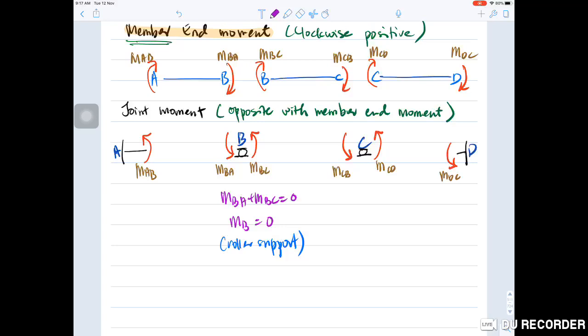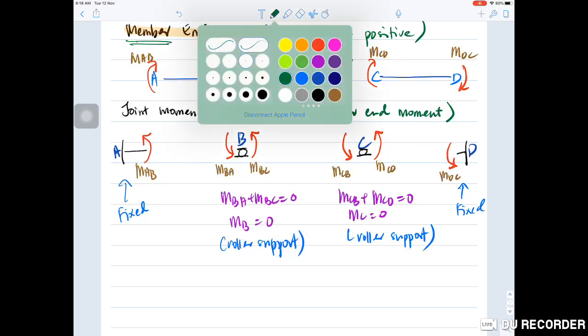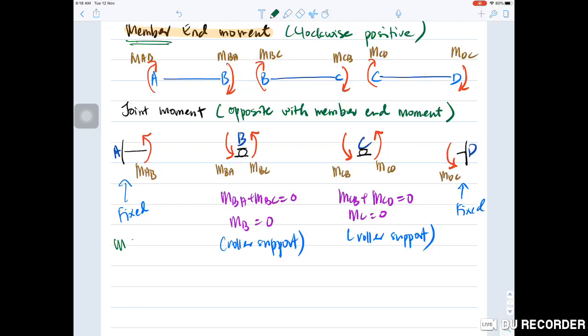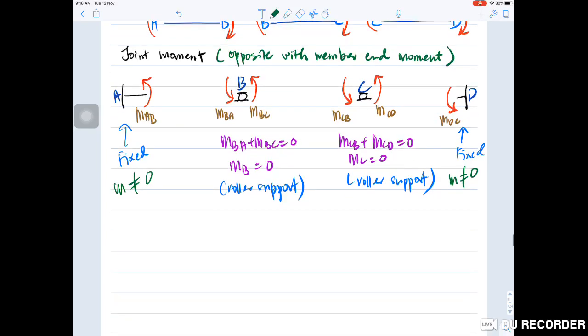The same occurs at joint C, where MCB plus MCD is equal to 0, because MC is equal to 0 due to the support. However, for this one, this is fixed and this is fixed, and for fixed, the moment is not equal to 0.